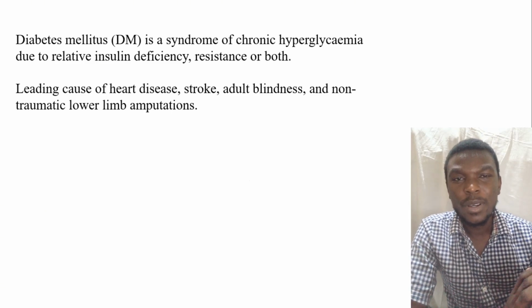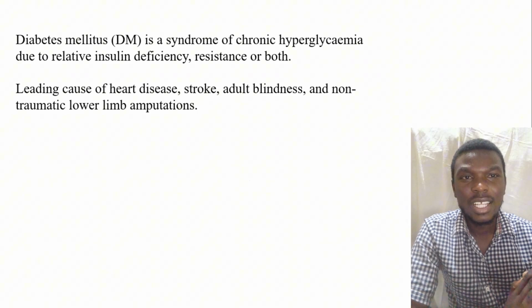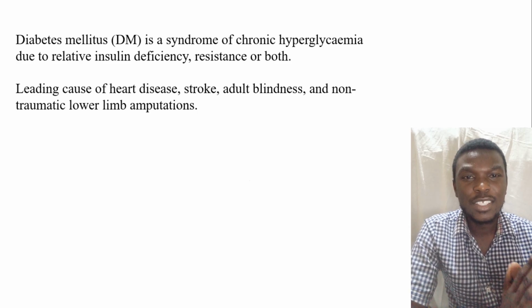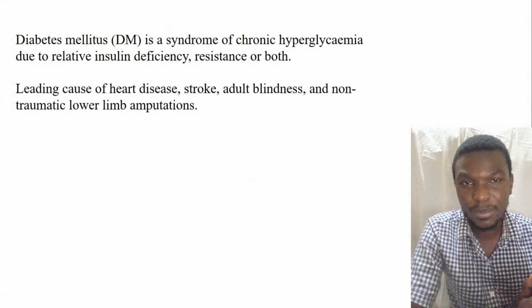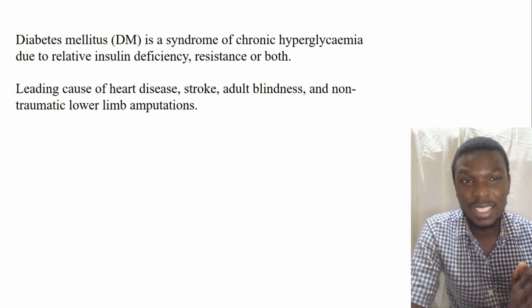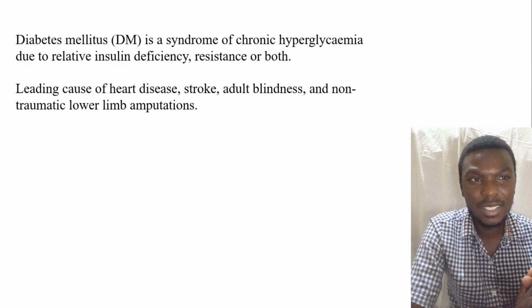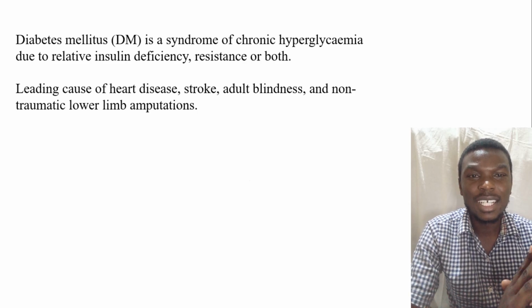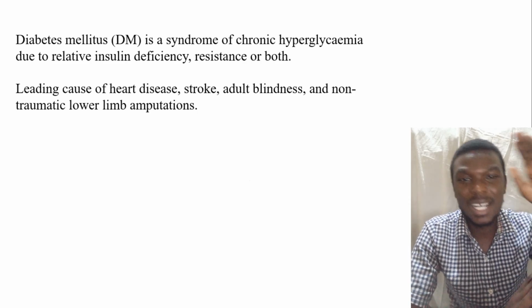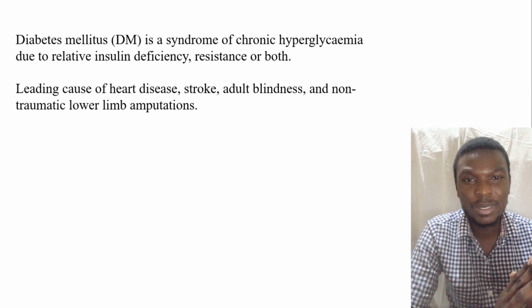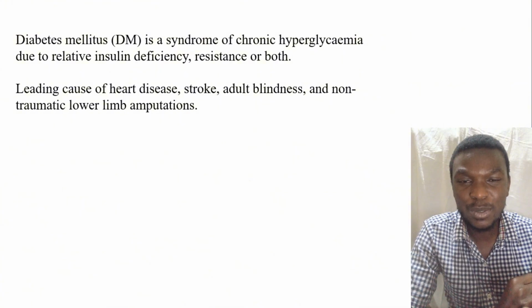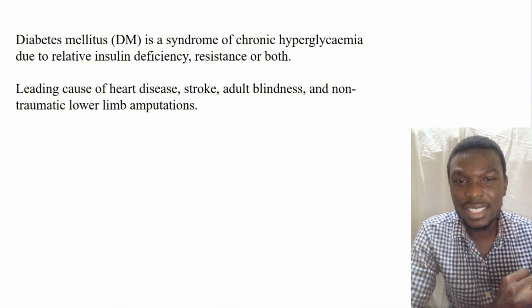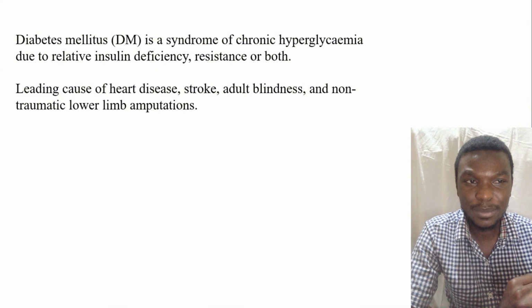Since we have seen that the problem is with the insulin and how the body is reacting to this insulin, and we have also seen in the definition that there is chronic hyperglycemia, now let's look at how this hyperglycemia comes about in these patients who either have a deficiency in insulin or a resistance to this insulin.